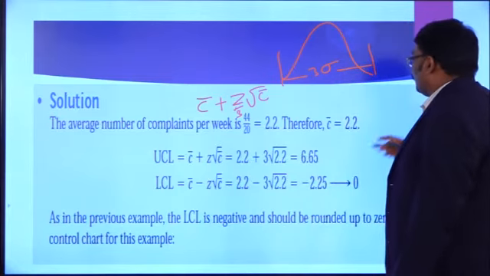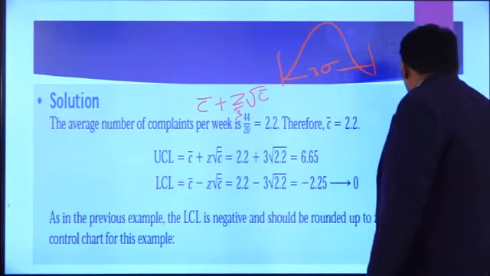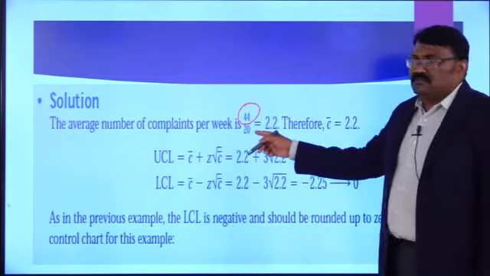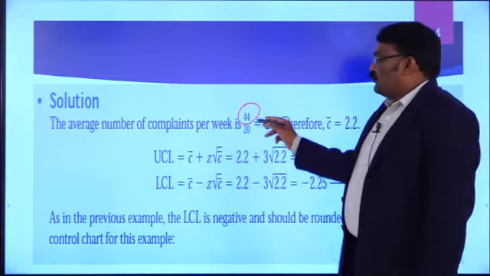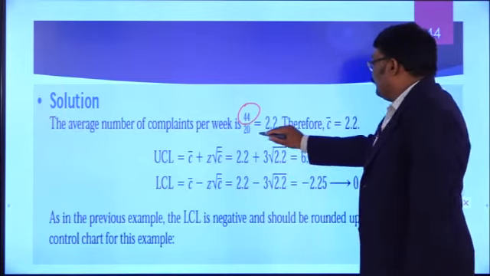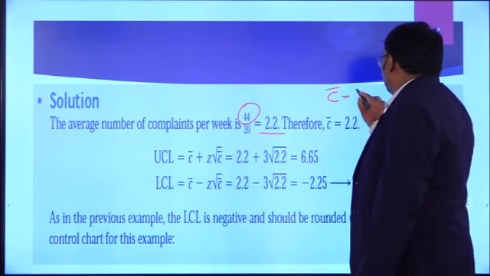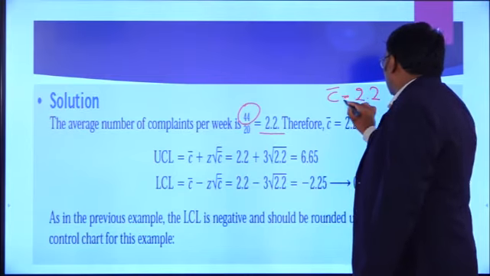We have got a total of 44 complaints for 20 weeks. 44 divided by 20 gives 2.2, so C bar is equal to 2.2.